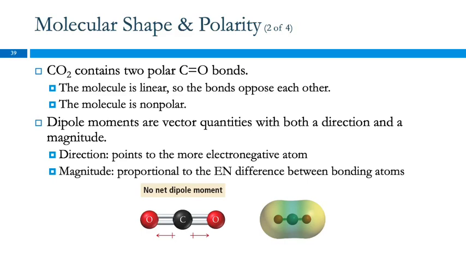They add to zero. So for these dipole moments, the direction points to the more electronegative atom, and the magnitude is going to be proportional to the electronegativity difference between bonding atoms. So we're mostly going to be concerned about the direction of these dipole moments, and we're going to be very, very not concerned about the magnitude of them.